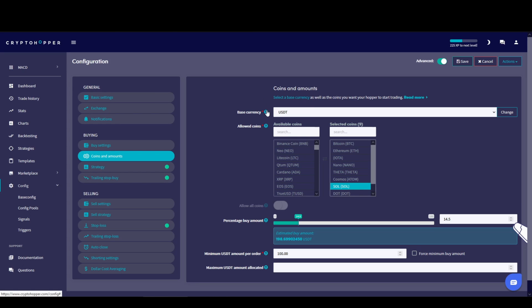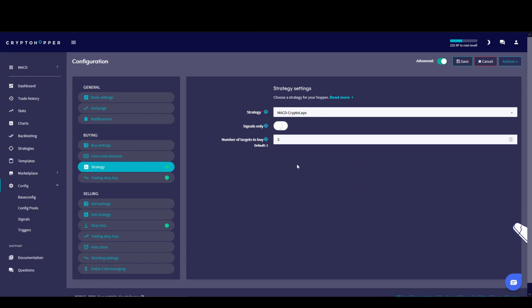We just want a coin that doesn't change in value, that is stable. So for Binance, the best one to use is USDT because it has a lot of volume, it's very popular, and there are a lot of coins available with that currency. So I would recommend USDT or any kind of US based currency for your Cryptohopper.